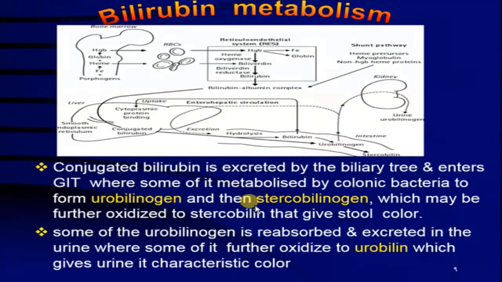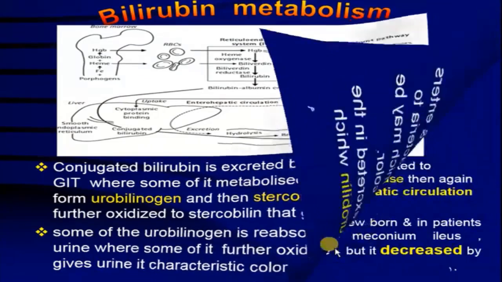That's why in obstructive or cholestatic jaundice, a colic stool may appear, because there is no stercobilinogen or stercobilin. Some of the urobilinogen will be reabsorbed, reach the kidney and be excreted in the urine, where some of it is further oxidized to urobilin, which gives its characteristic urine color.